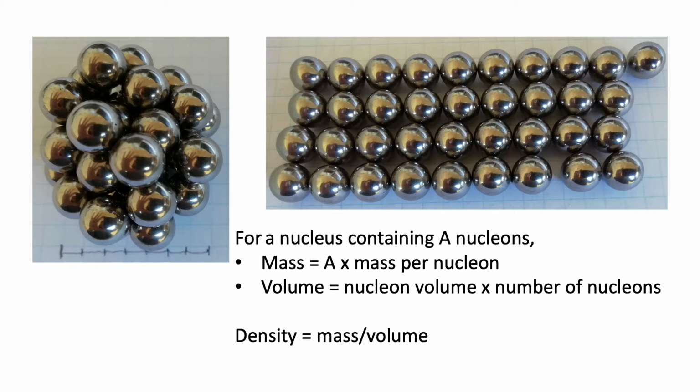It's fairly easy to see that its mass must be 37 times the nucleon mass and its volume approximately 37 times the nucleon volume. Using these approximations to calculate density, mass over volume, the number of nucleons will cancel out and the nuclear density is approximately constant for all elements.